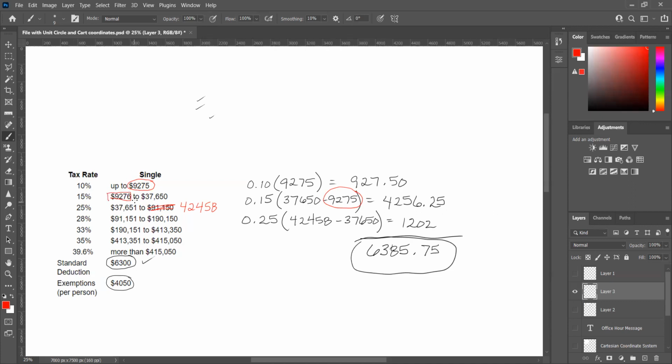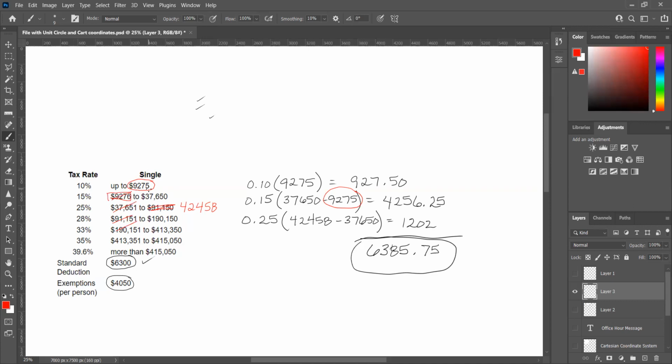And we need to do that, otherwise they won't get their taxes for that dollar between 9,275 and 9,276. So really, we're not going to use these smaller numbers. We will just be using the larger number in that column minus the larger number in the column before that. But that should give us the taxes that we need.